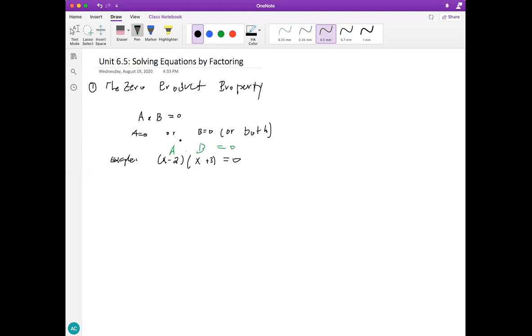And again, if a times b is 0, that means either a is 0 or b is 0, or probably both. Same thing here. So a times b is 0, that means either a, which happens to be x minus 2, is 0, or b, the second factor, x plus 3, is 0.